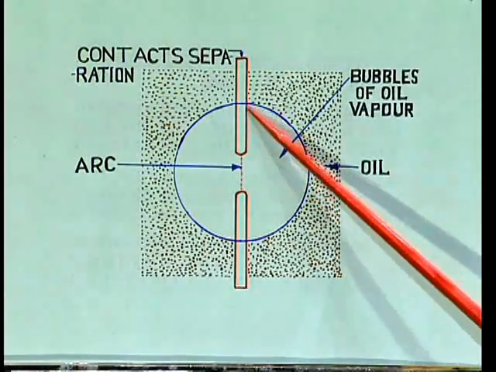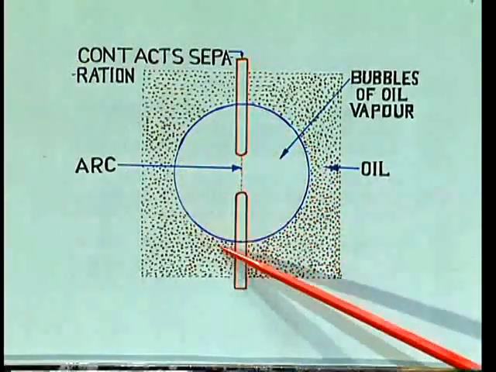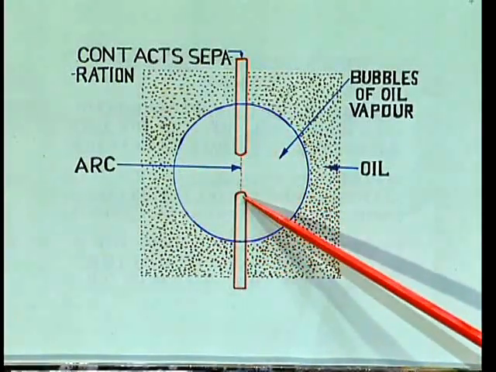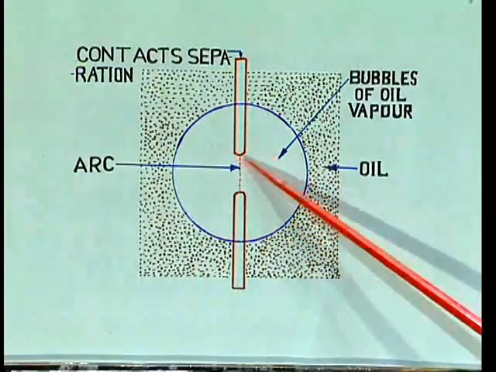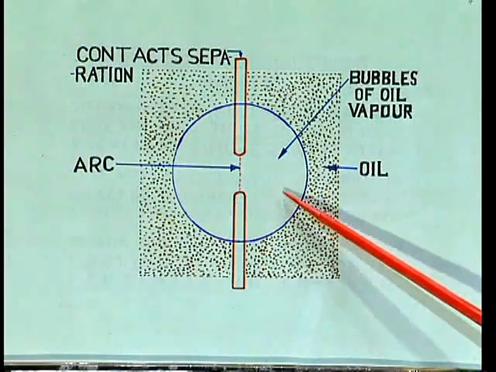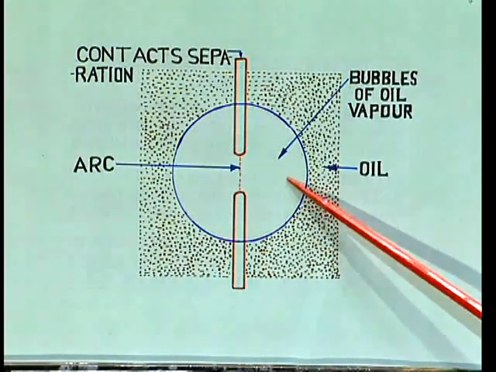That means it occupies a huge volume and replaces the oil around the contacts of the circuit breaker, and also occupies adjacent portions of the circuit breaker. Here the hydrogen gas has one advantage: it has high conductivity.